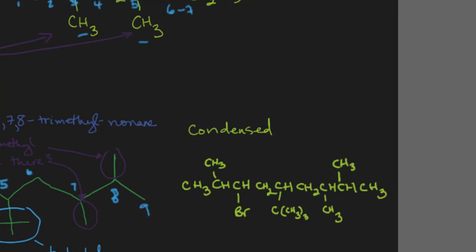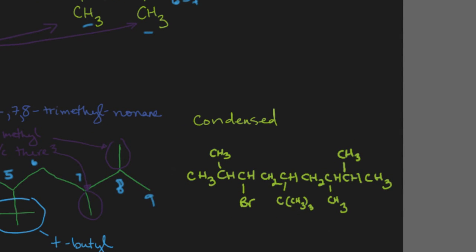Here's the condensed formula. We have 9 carbons on the main chain. Let's see if we can count those out. 1, 2, 3, 4, 5, 6, 7, 8, 9. Good. And then there's a methyl on the 2nd, 7th, and 8th.